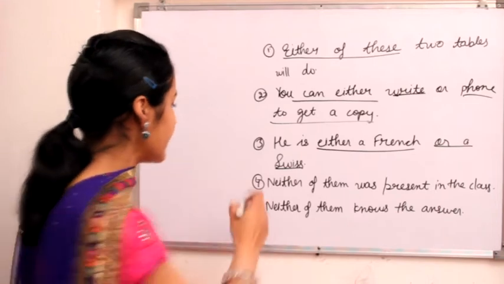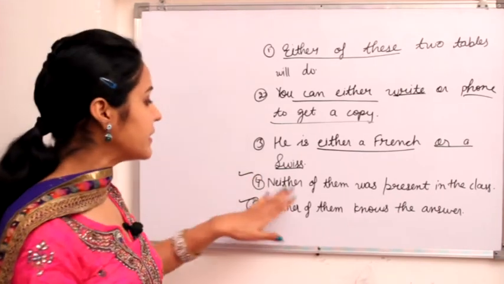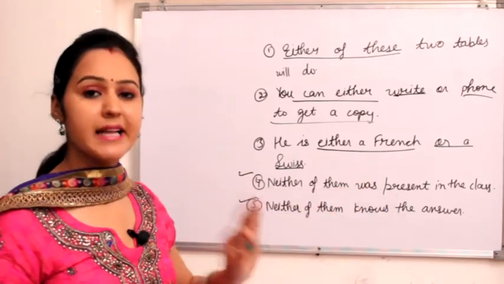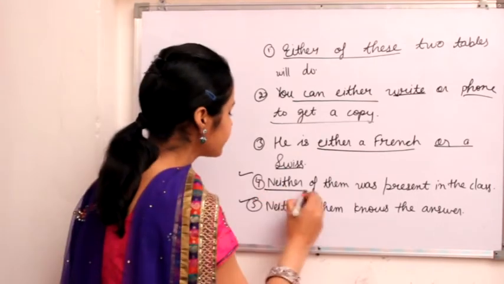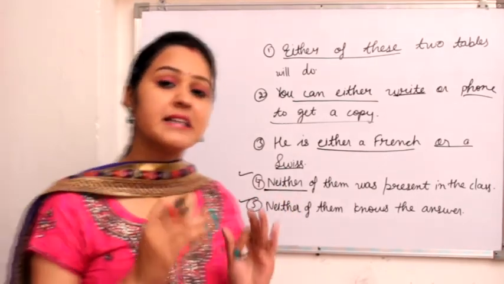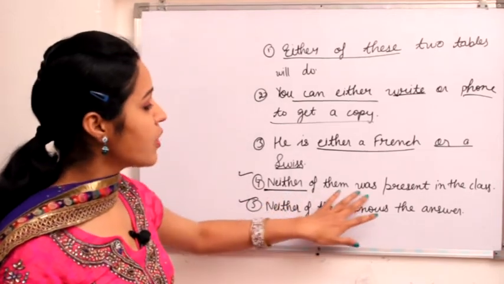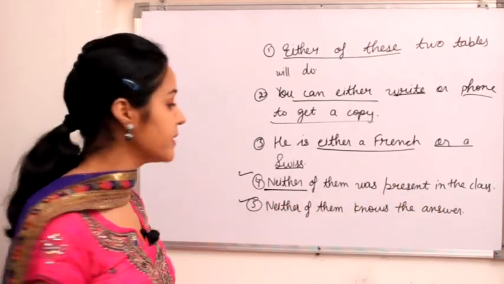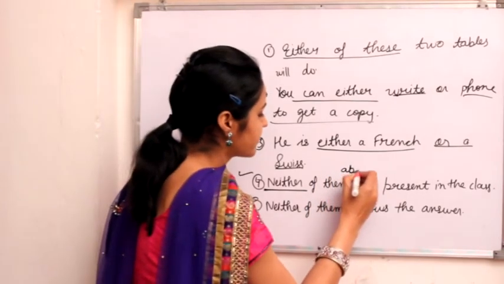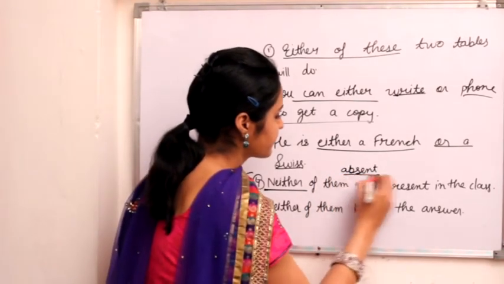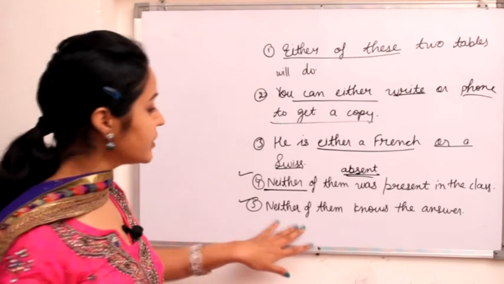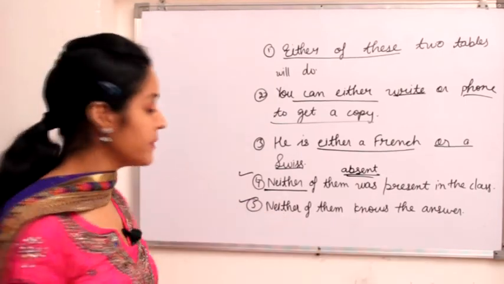And at the last, neither of them was present in the class. It means all are absent. Neither of them knows the answer. It means nobody knows the answer.